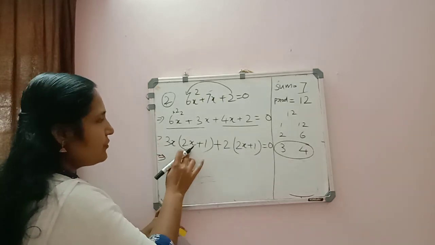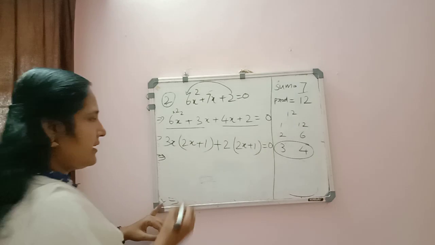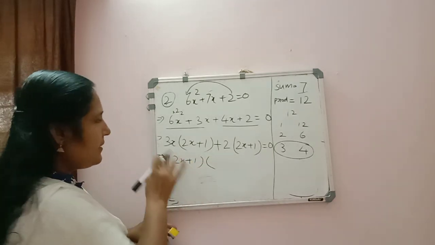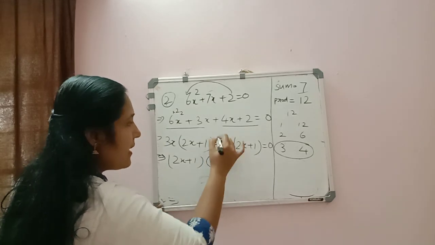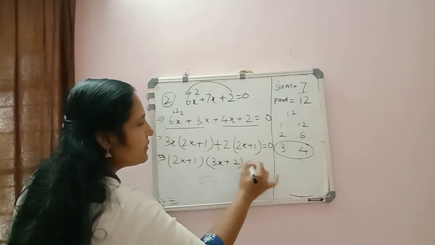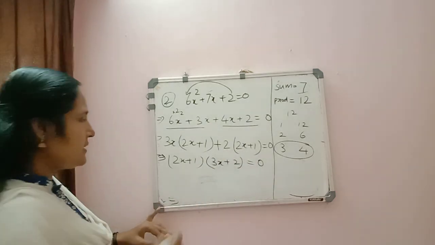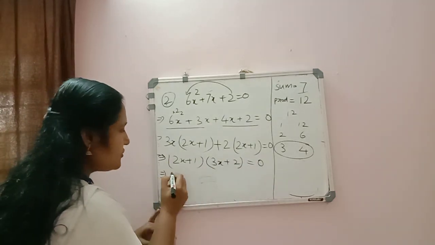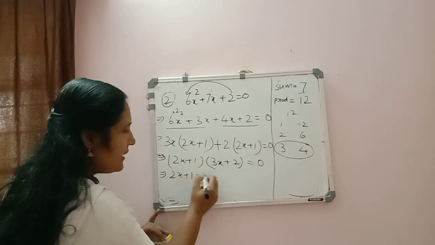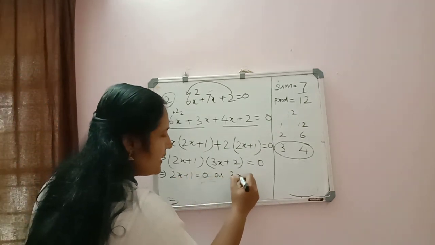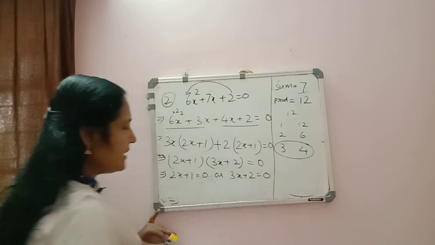So again we have 2x plus 1 as a common factor there. We will take it outside. 2x plus 1, remaining is here 3x plus 2 equal to 0. Product of two numbers equal to 0, so one of the numbers should be equal to 0. Either 2x plus 1 is equal to 0 or 3x plus 2 equal to 0.